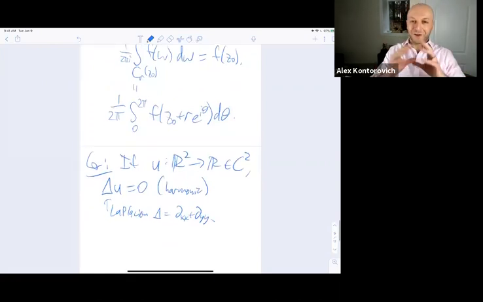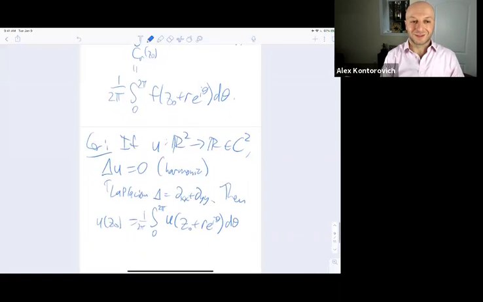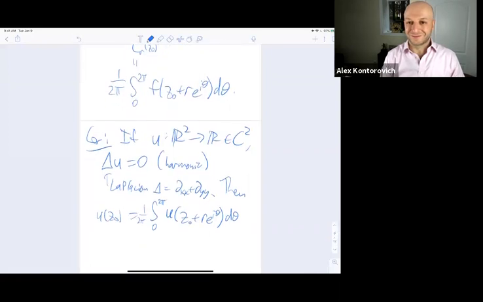Anytime you have a harmonic function on a disk, then if you integrate 1 over 2 pi, 0 to 2 pi, u of z0 plus r e to the i theta, d theta, you get u of z0. How would I prove such a thing?